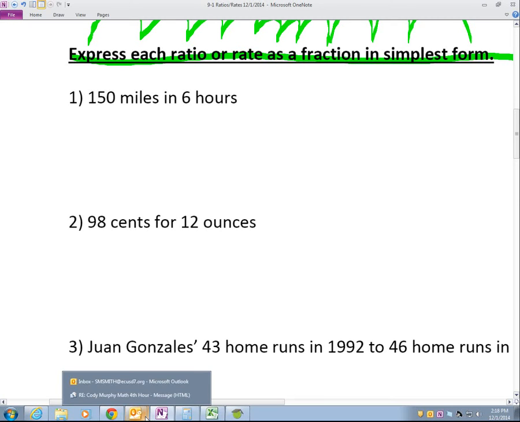Cam? 150 over 6, because time is in the denominator. 150 miles over 6. Now, it's written as a division problem, and if those numbers go in together, I'm good. I don't have to have a fraction anymore.